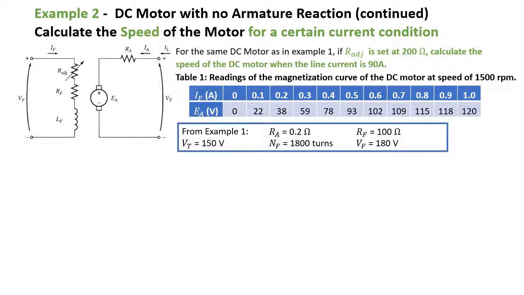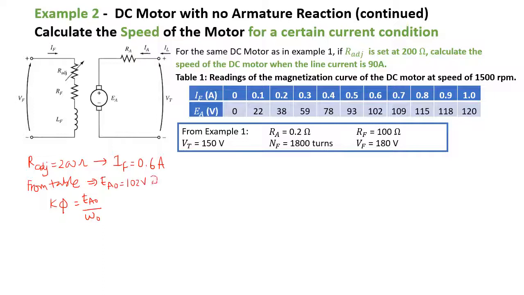So what we've calculated so far: when R adjustable is equal to 200 ohms, the IF was 0.6 ampere, and from the table we got K flux is EA0 over omega 0. From the table we got EA0 of 102 volts at N0 of 1500 rpm.